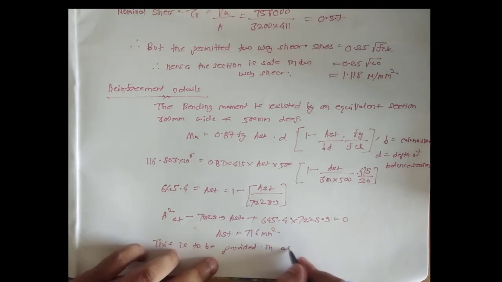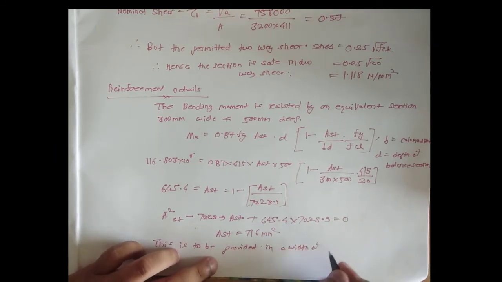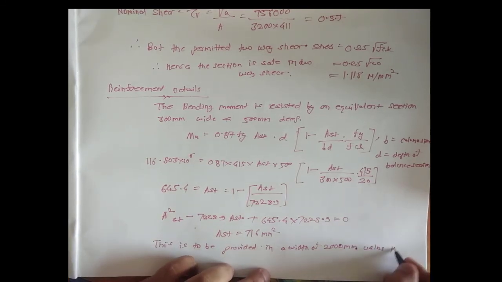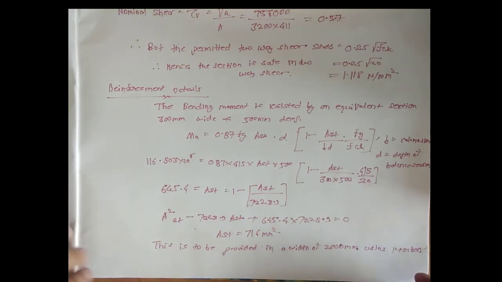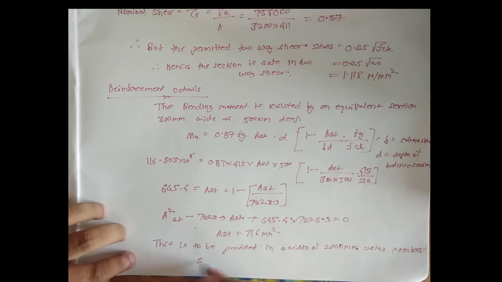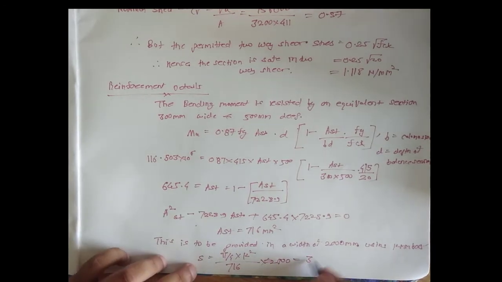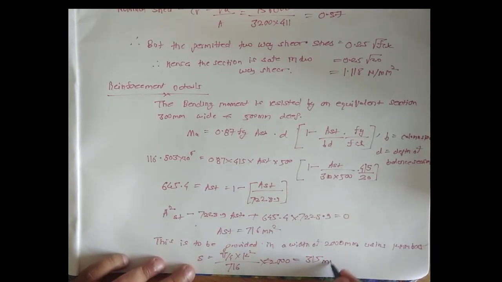Now this is to be provided in a width of 2000 mm using 12 mm diameter bars. So calculating spacing, pi by 4 into 12 square divided by 716, into 2000 the length, it is coming to be 315 mm.